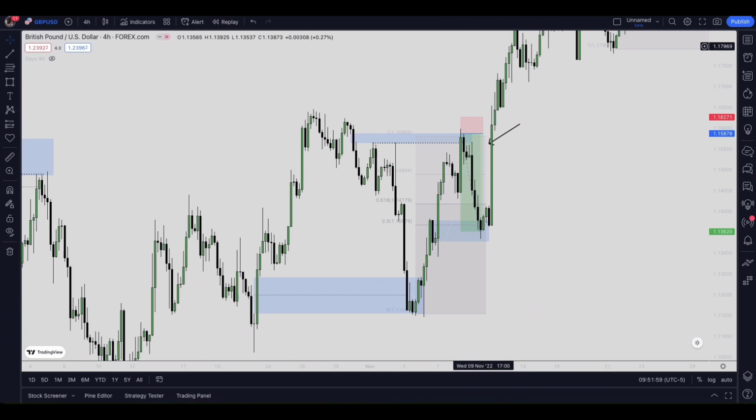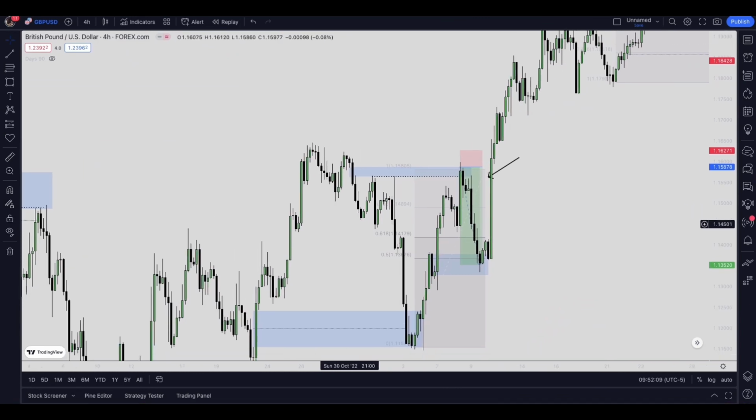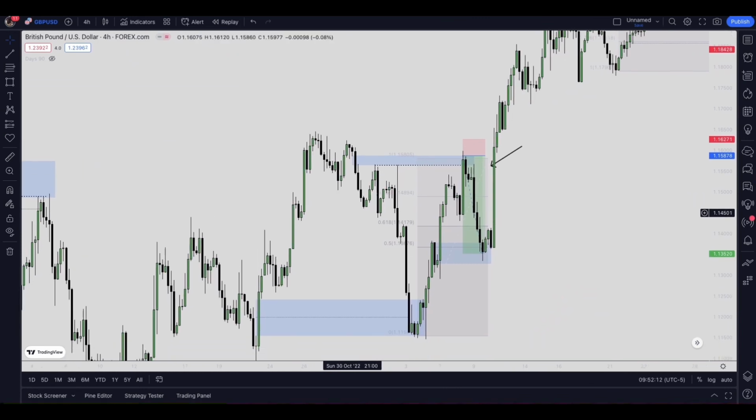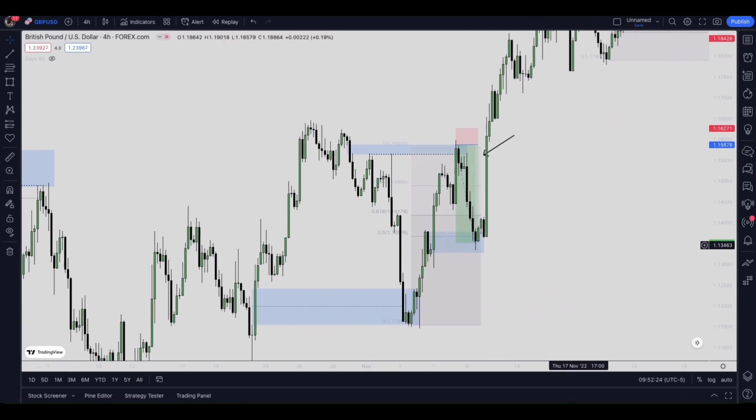So let's look at this setup and how I would react to it in real time. So right away, when I would see equal highs generated, I would see a move away from it, preferably, and a move up for a stop run, and a retracement to the equilibrium price point.